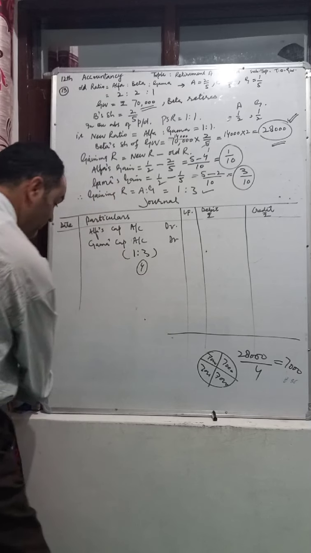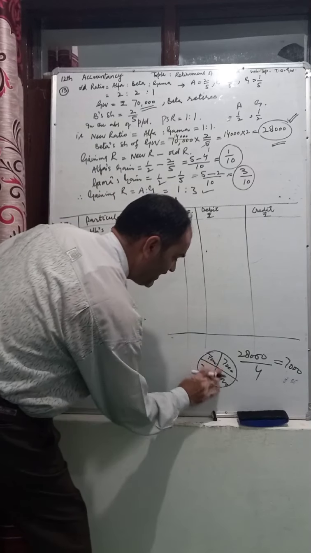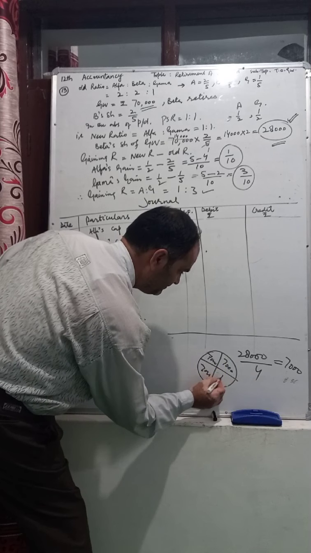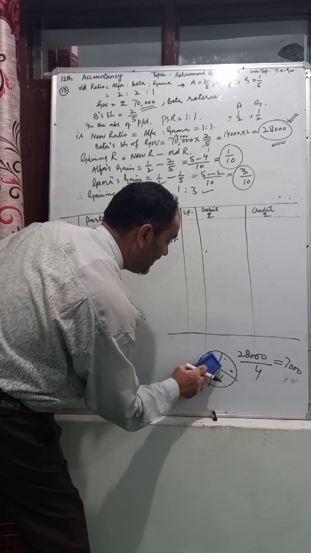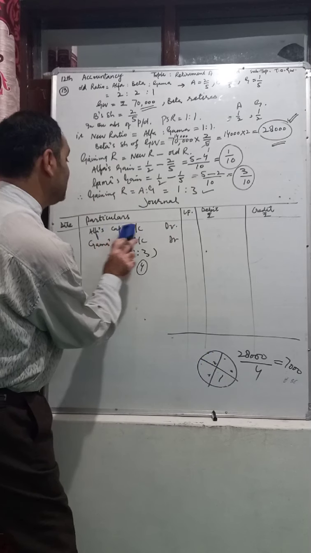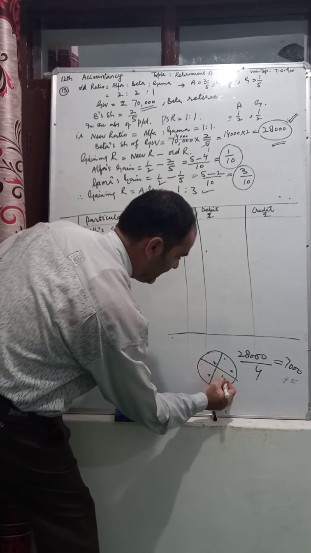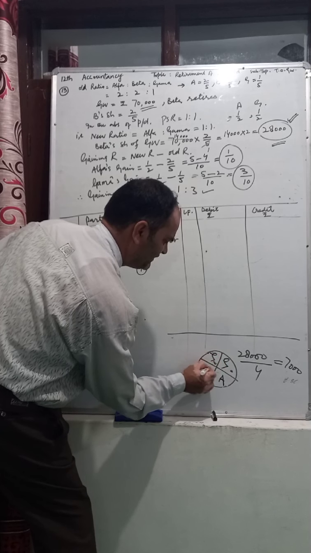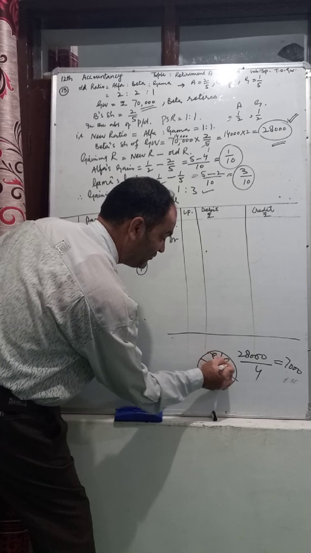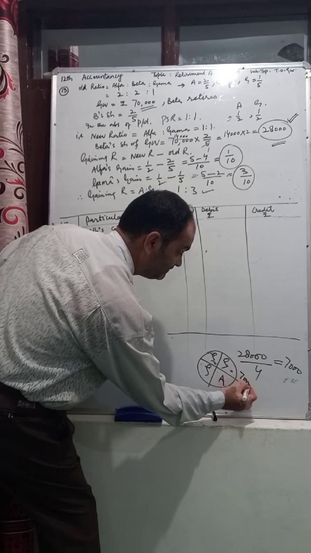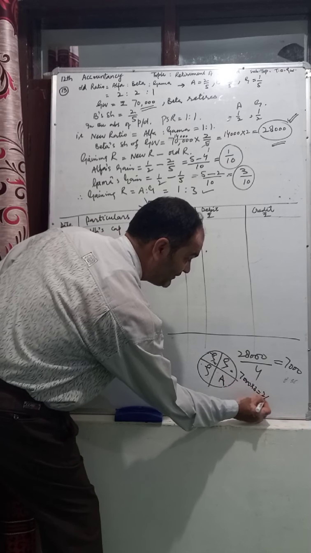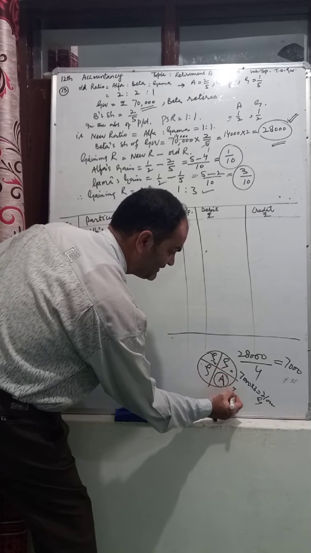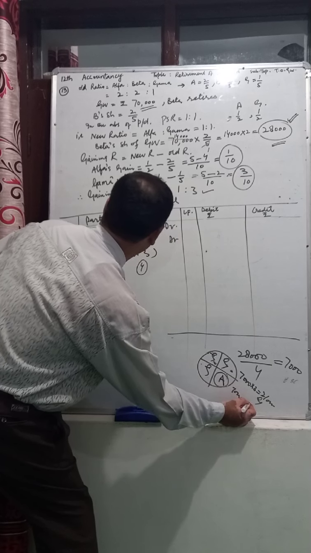But here we can write this is 1 is to 3. One share we have to give to Alpha. Alpha will get 1 share and Gamma will get these 3 shares. That means 7,000 into 3, equal 21,000, will go to Gamma, and 7,000 into 1, that is 7,000, will go to Alpha.